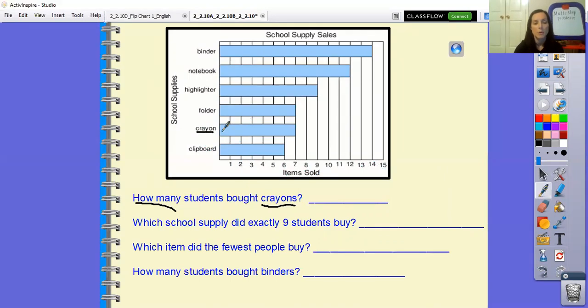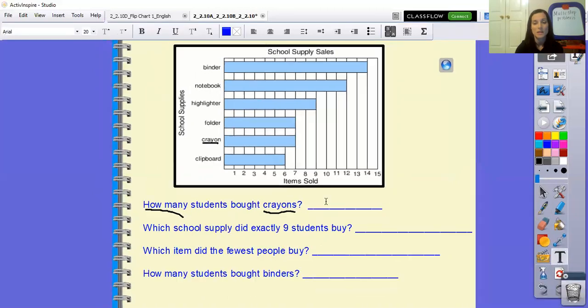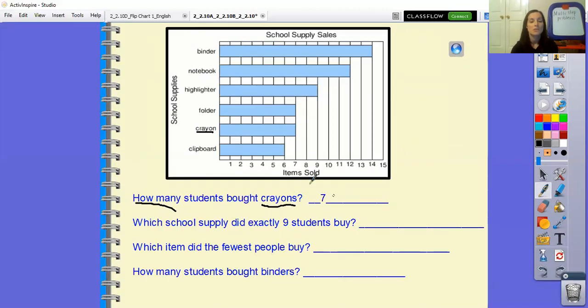We're going to go to that bar, and we're going to go all the way across to where it stops. And we're going to go down and find the number of items sold, and we see that that is 7. I'm just going to write that here. So we know that there is 7 students that bought crayons because we looked at our bar graph, we saw where the bar stopped, we went all the way down to find the number.